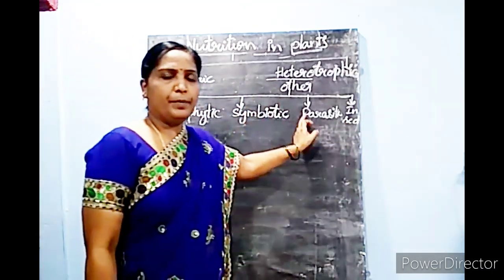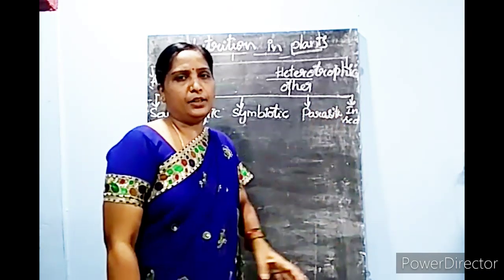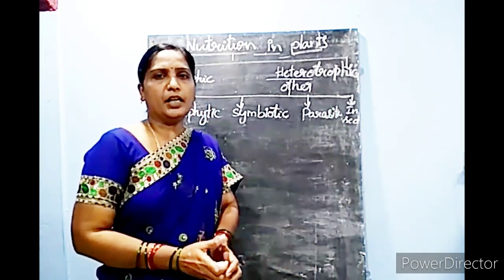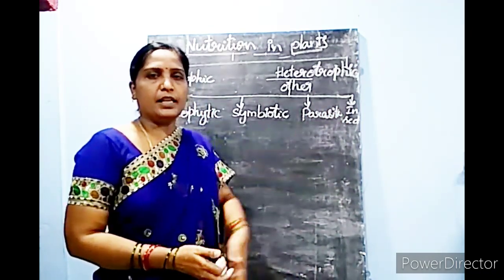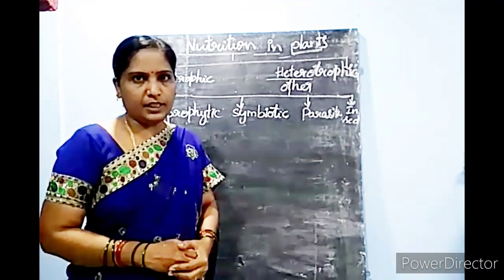Saprophytic, symbiotic, parasitic and insectivorous. There are different types of heterotrophic plants. About each one we'll discuss now.